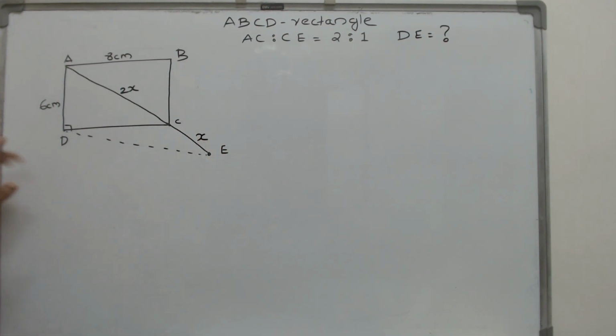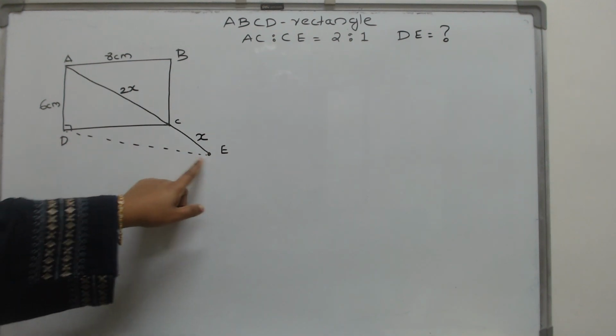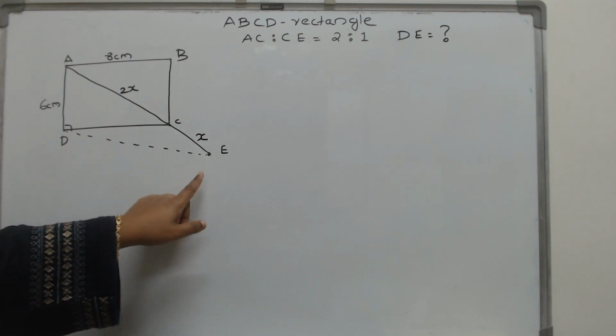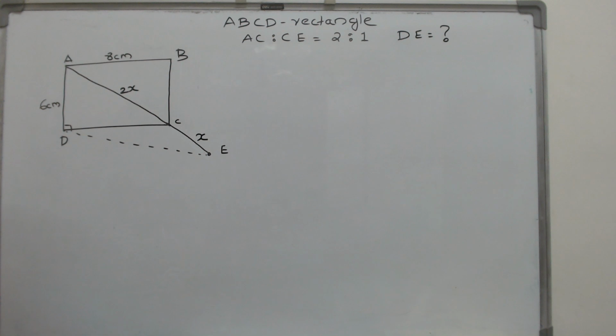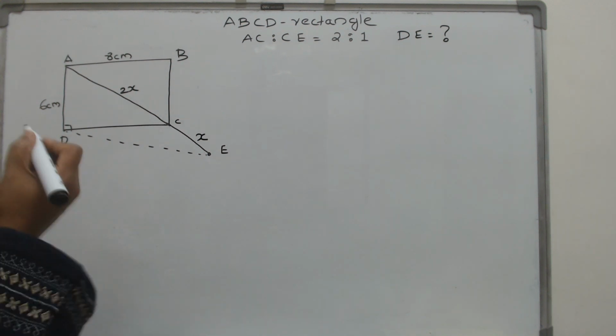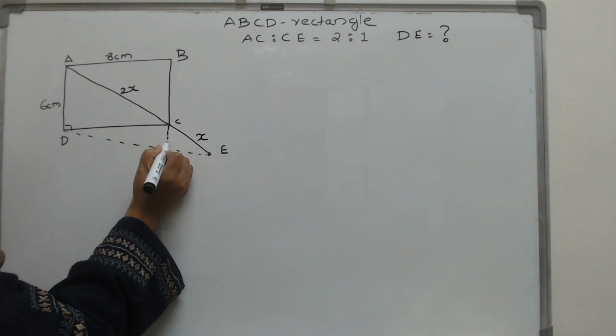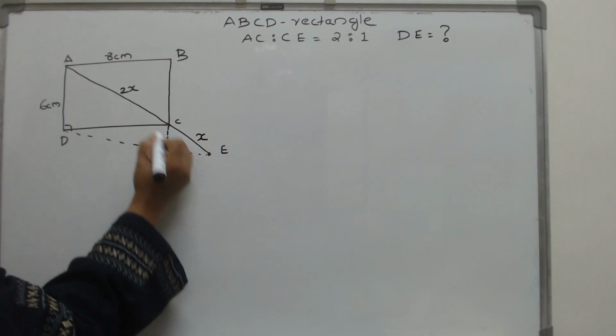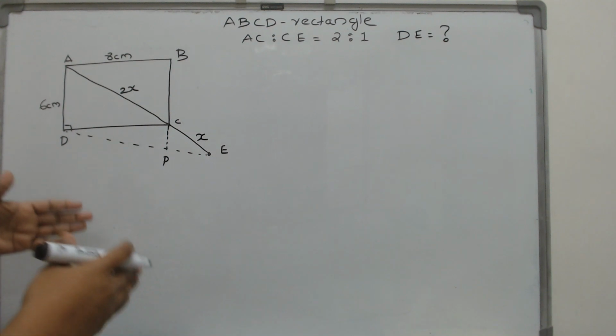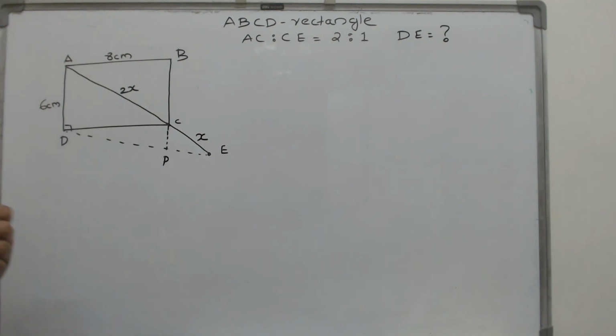What we need to find is the measure of this segment here. This DE is what we need to find. Now, what if we extend this BC to a point, say, P? Whenever we do these extensions, remember the property of being parallel or perpendicular.